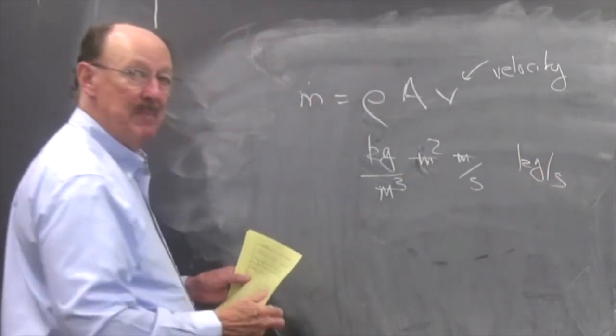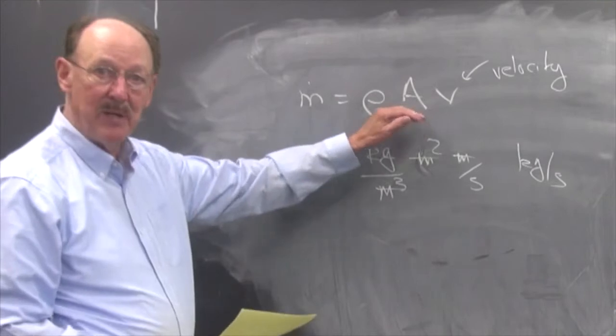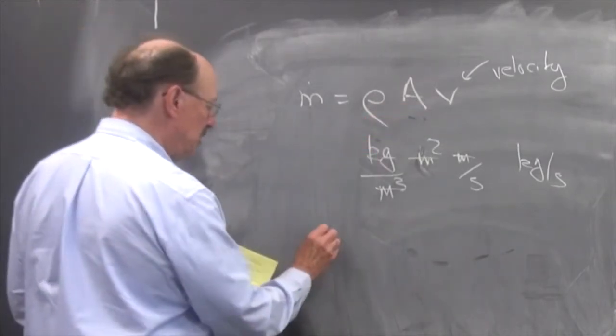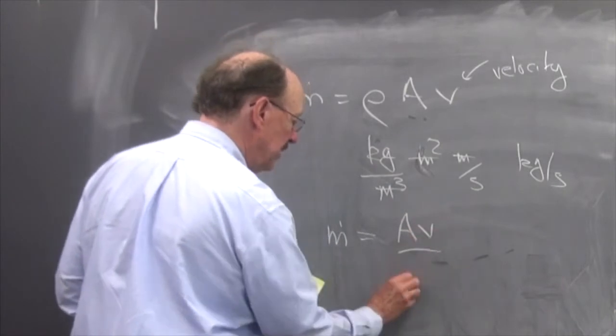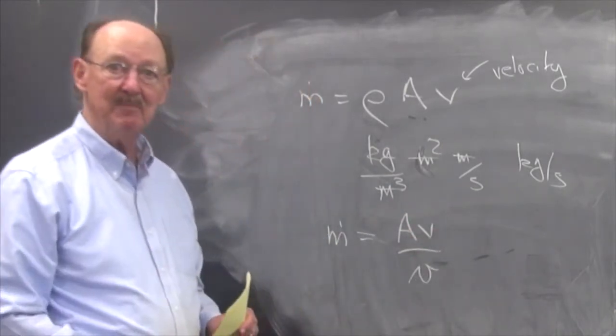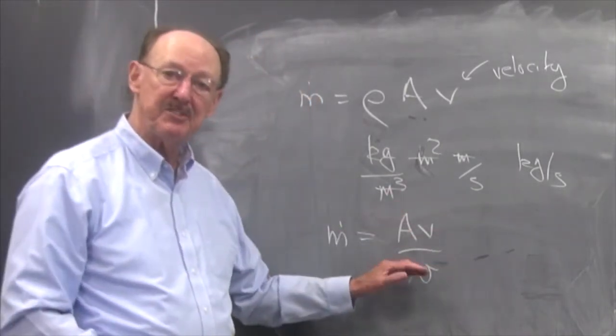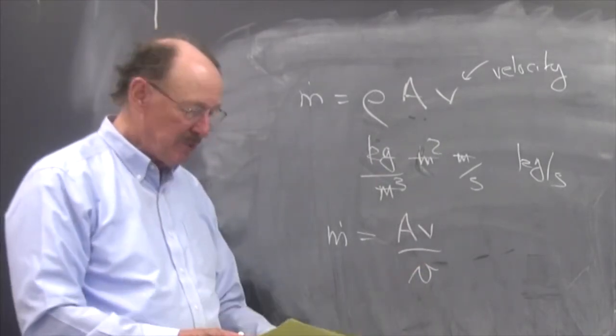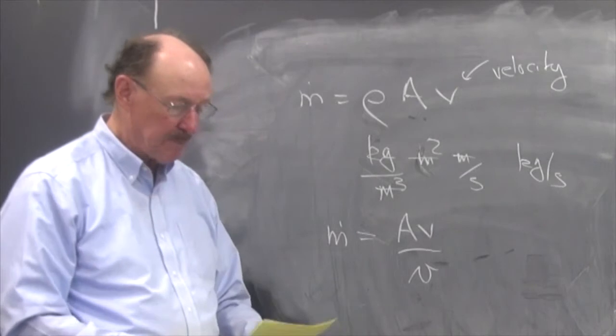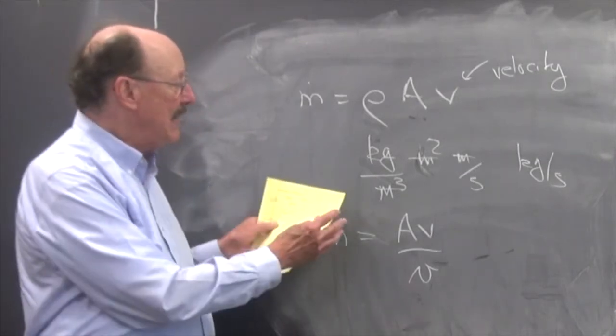And so the mass flow rate can be written that way. We could also write it in terms of specific volume: m dot is equal to area times the velocity divided by the specific volume. That's why I mentioned in the last chapter that we want to pay attention to how you write this so that things don't get messed up. So this gives us that part.